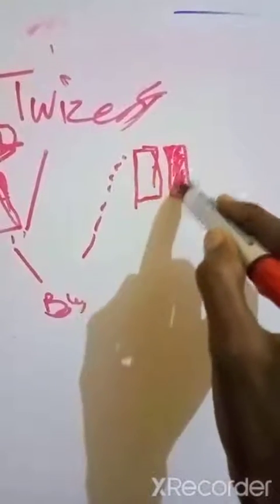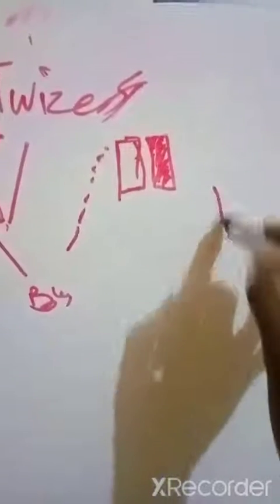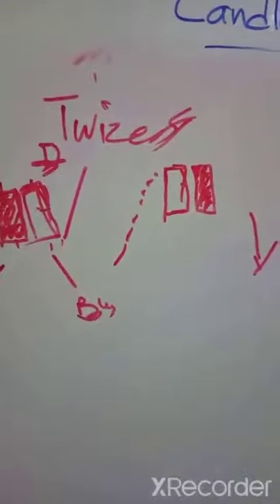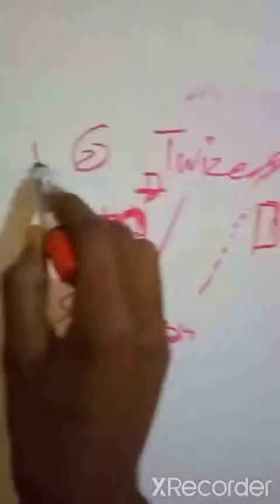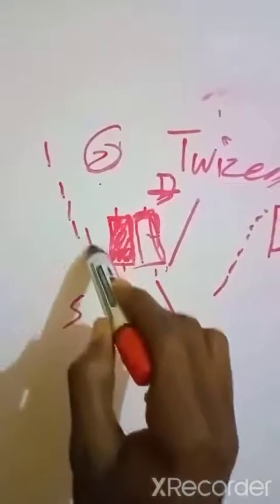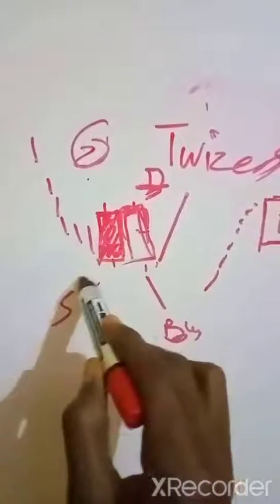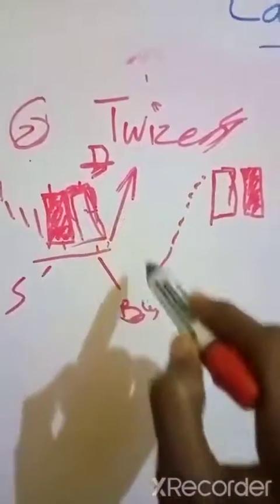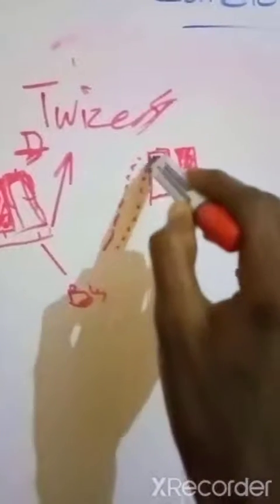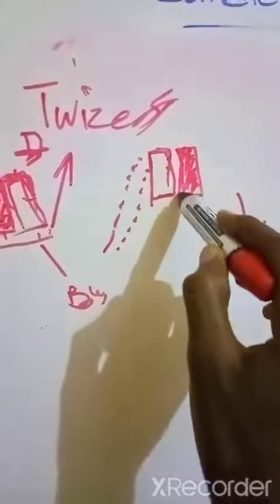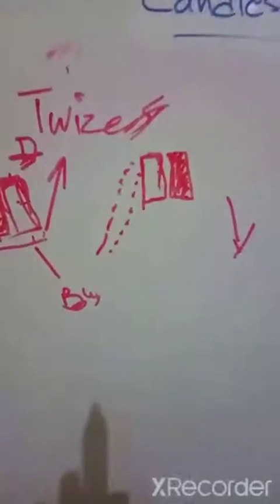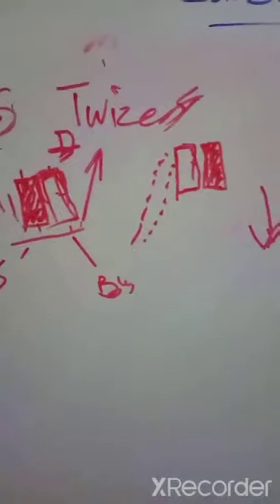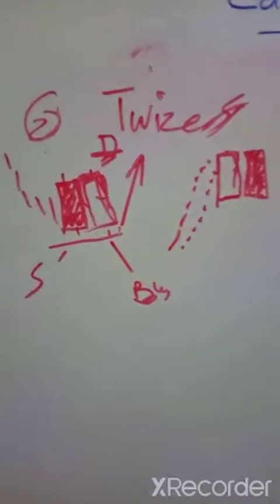This shows that the market is about to start going down. And if the market was going down like that, then you see this one forming here. It shows that the market is about to go up. And if the market has been going up, then you see these two candles, same size, it shows that the market is about to go down.